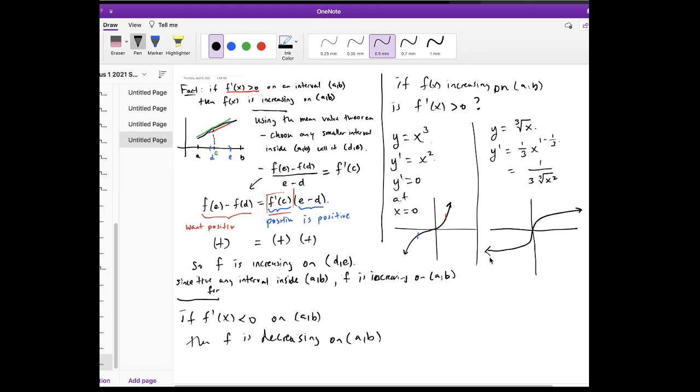Negatives are okay for cube root. But where is the derivative weird? Where does the derivative not make sense? At 0, yeah. At 0, it's undefined. However, this is still an increasing function everywhere, right?